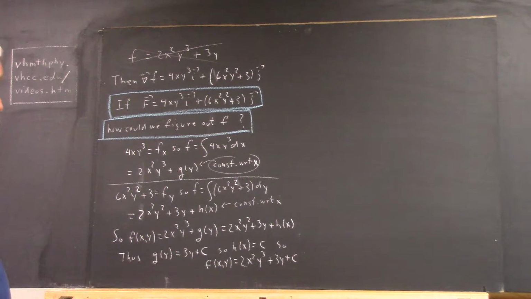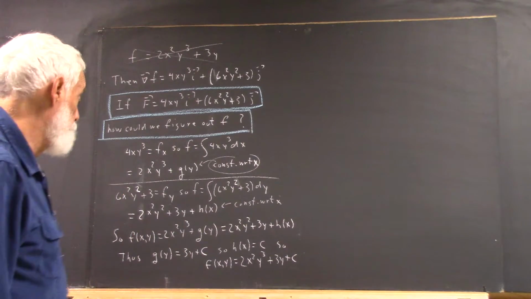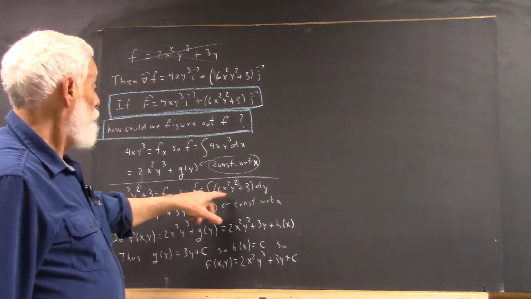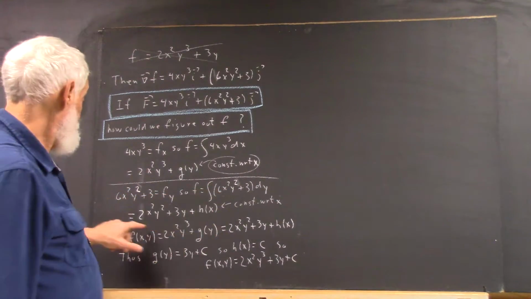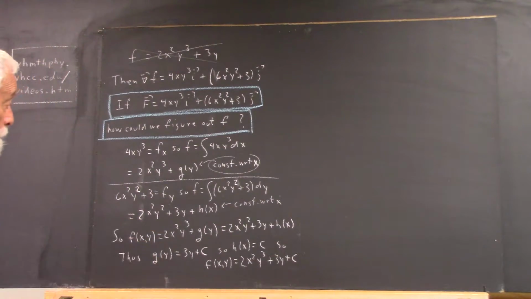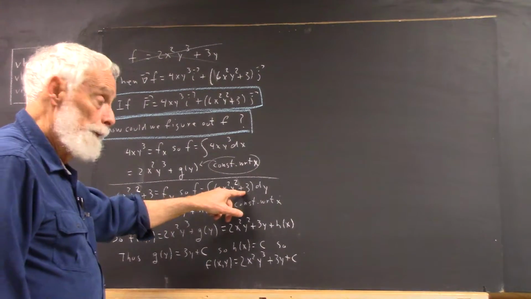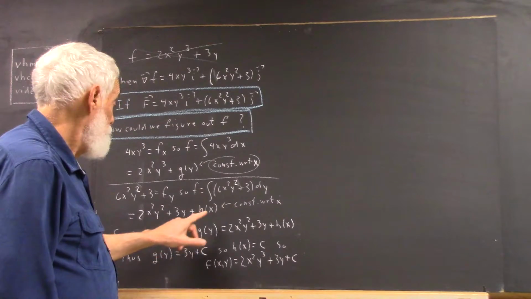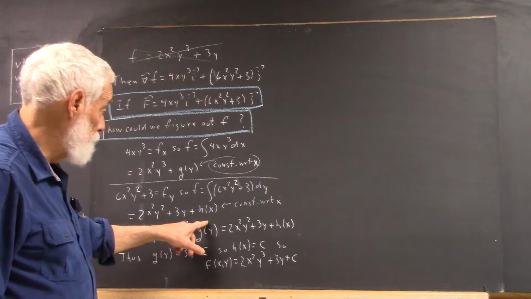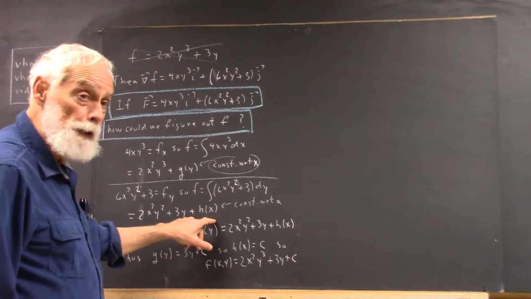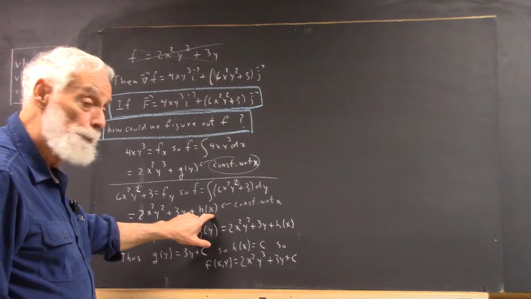Antiderivative of this then is 2x squared y squared. And then the antiderivative of 3 is 3y. And then we have our integration constant. With respect to y, h of x is constant. So that's our most general possible integration constant.